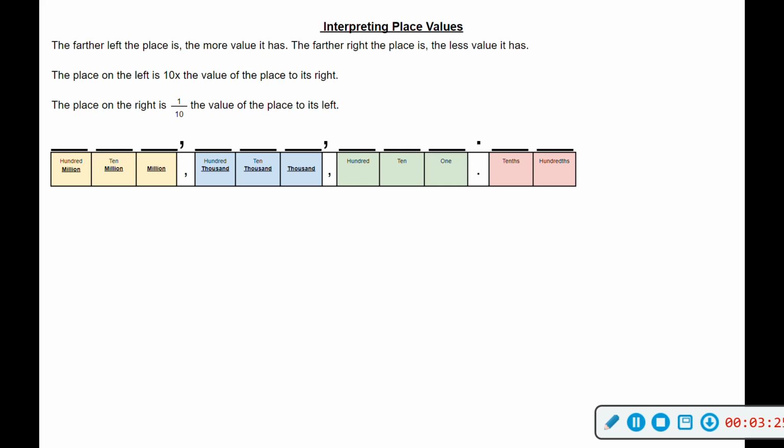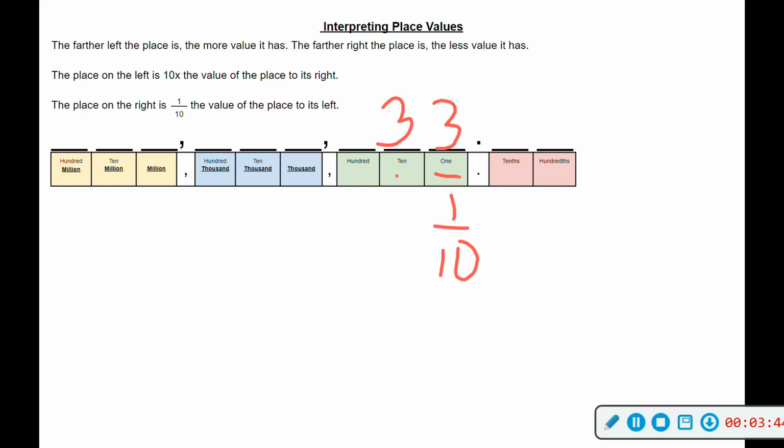However, in opposition, going to the right means that it's going to be less. So if I had a 3 in the tens and a 3 in the ones, I know that the ones place, to the right of the tens, is going to be 1/10 the value of the tens.